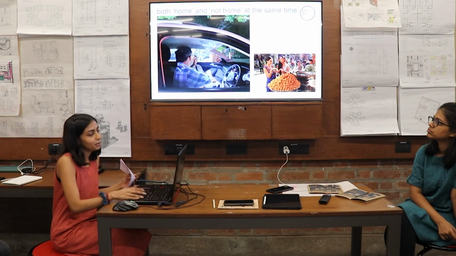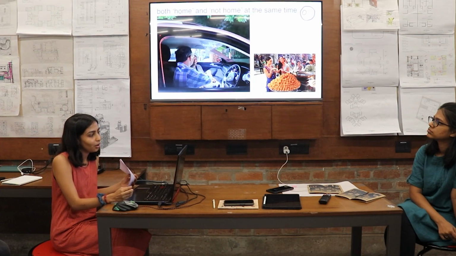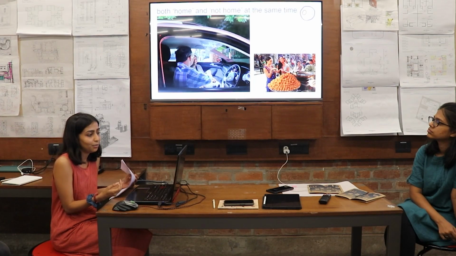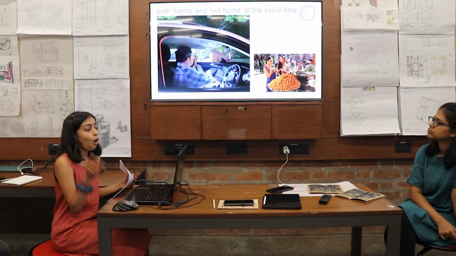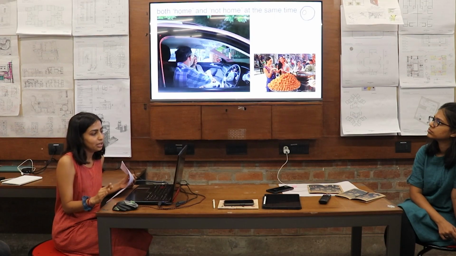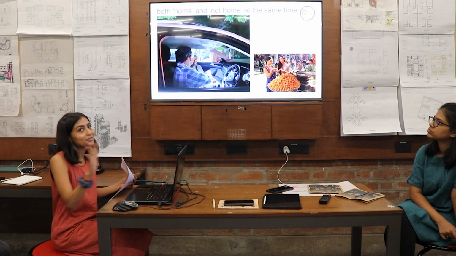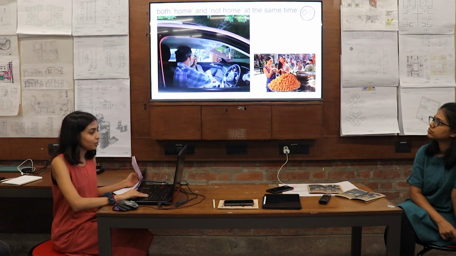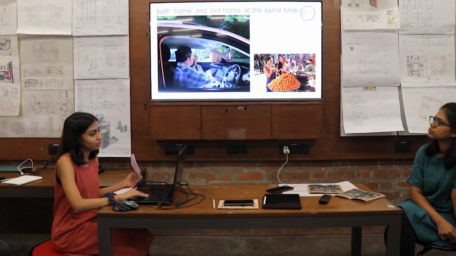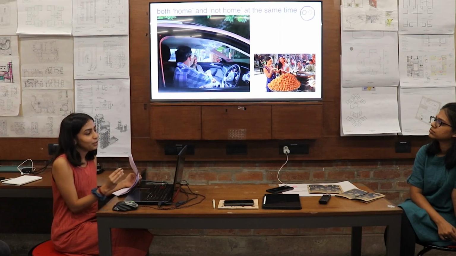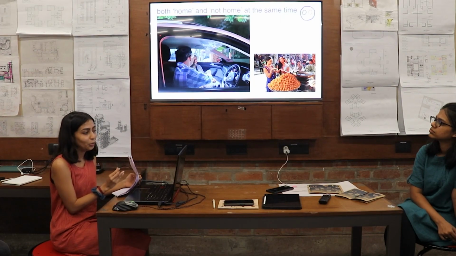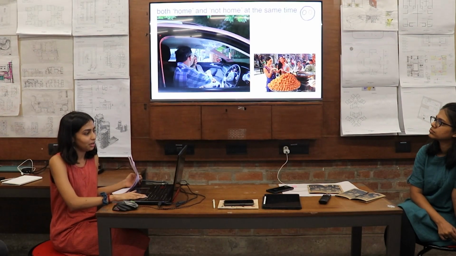Sometimes I think places can also be home and not home at the same time, and they do not need to be these designated interstitial spaces or any interstitial space for that matter, or any space for that matter. So when you're going out for a drive with your parents for coffee, I think that space becomes both your home and not your home at the same time.